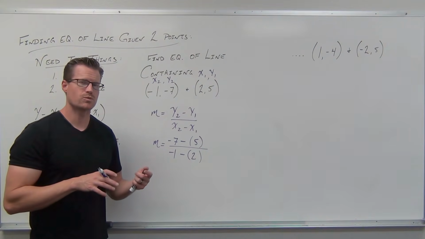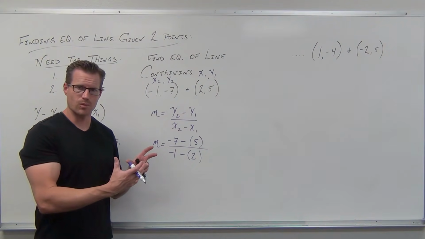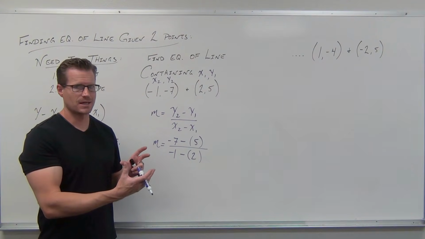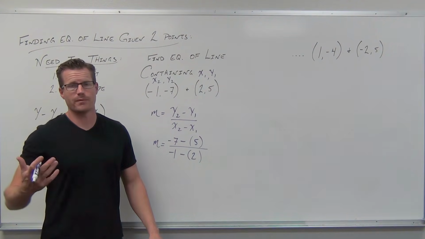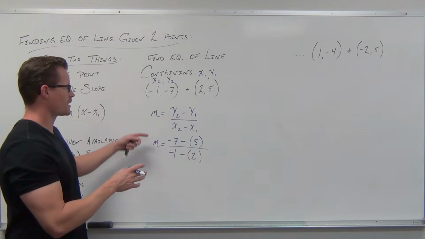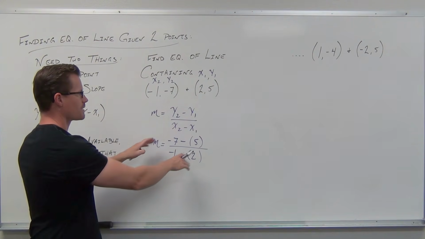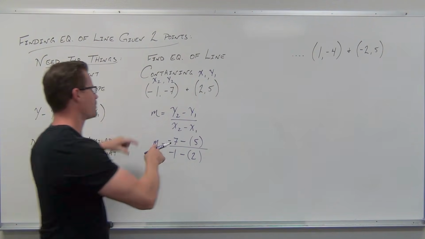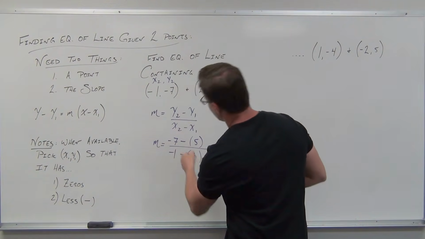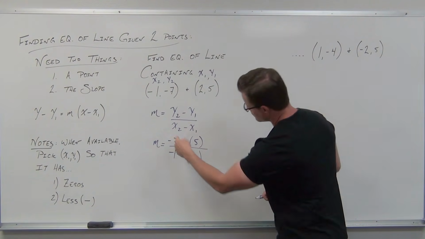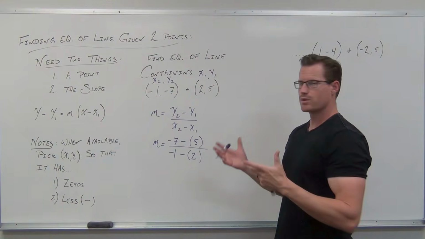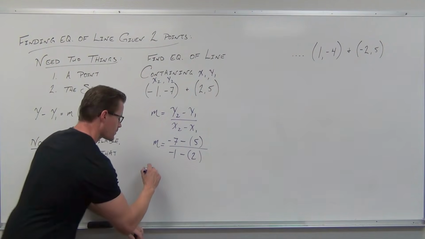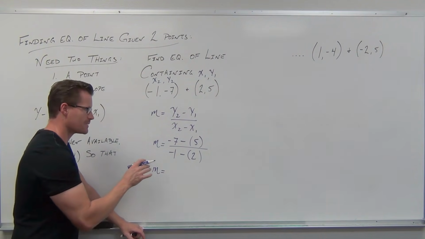Now, this is one reason why I told you to pick x1, y1 to be the one with less negatives, so you're not subtracting negatives. It's just a common mistake people make. So let's double check. I've got x's on the bottom, I've got y's on the top. I've created 1 point, x1, y1, I've created x2, y2, created another 1, 2, 5, so I know that we're right. Now, let's go slowly through it. Make sure that we're not making mistakes.